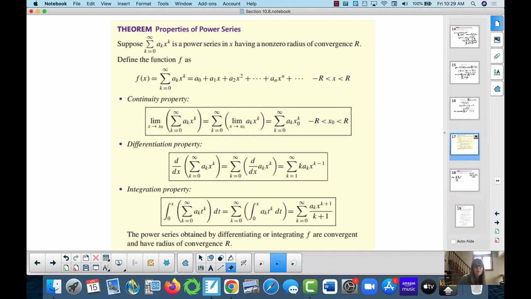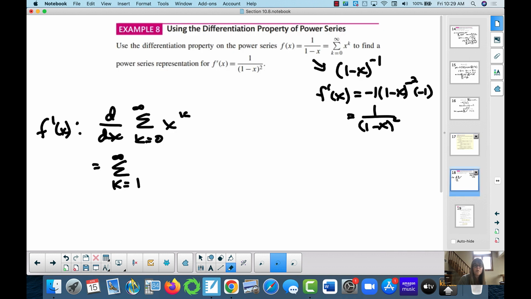If k equals 0, then I have an x to a negative power, and that doesn't work here. This always has to be 0 or positive. So we have to change that to k equals 1 to infinity, and then we take the derivative of x to the k, which is k x to the k minus 1.